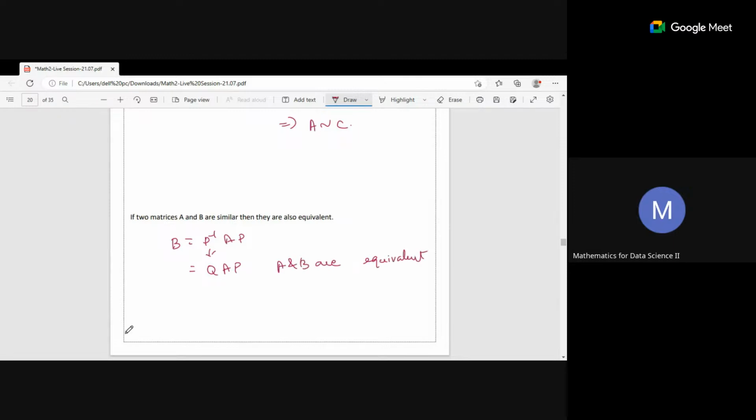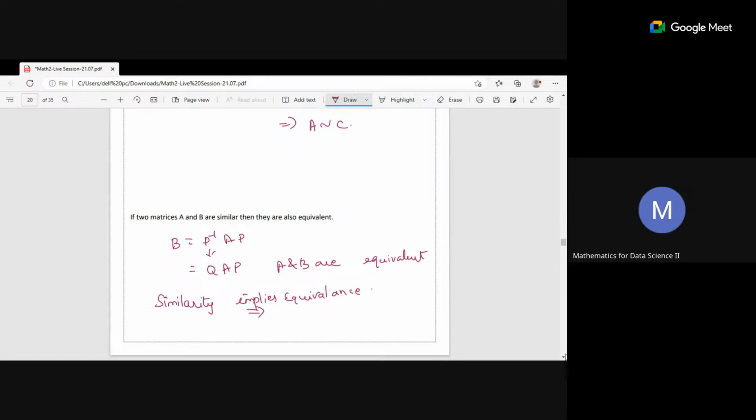So it means what? Similarity implies equivalence. Okay, so this is a stronger condition. If you have this, then you have this equivalence also.